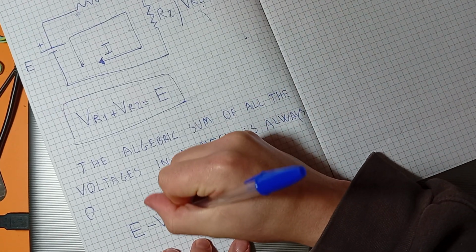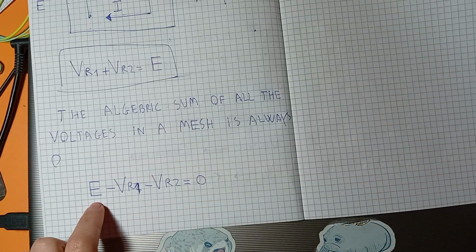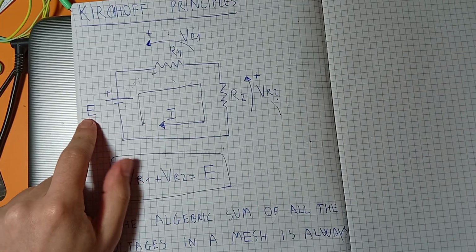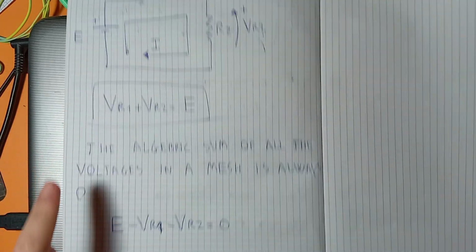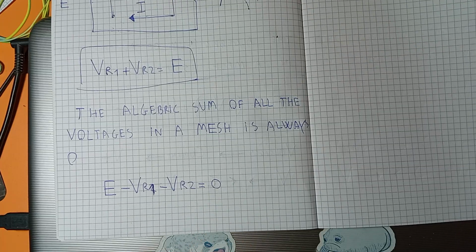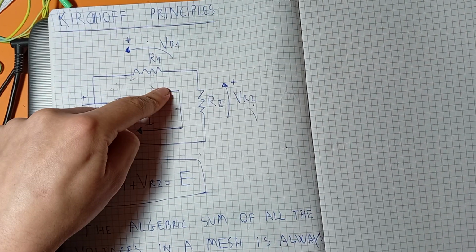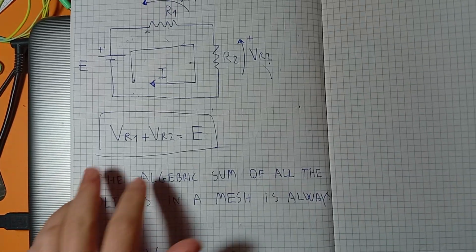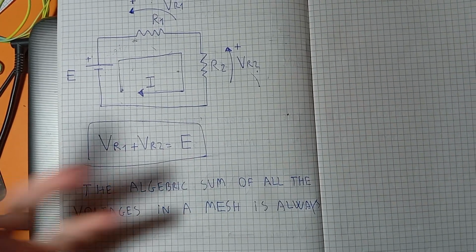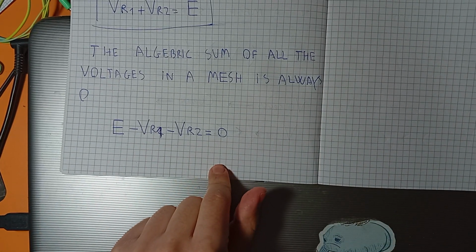So there is E minus VR1 minus VR2, and this equation is equal to 0. So the voltage generator minus VR1 minus VR2 is equal to 0. This is the Kirchhoff equation of this mesh. I can also write it in another way, it's the same, but usually you write it this way, okay.